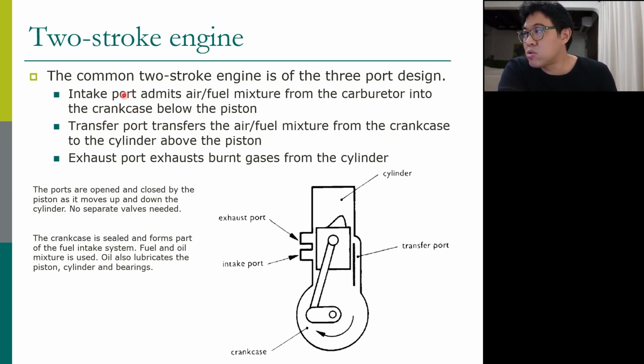Okay, the common two-stroke engine has three ports. It's not valves, it's ports. So there's an intake port here, which admits the air and fuel mixture. The transfer port here connects to the crankcase.